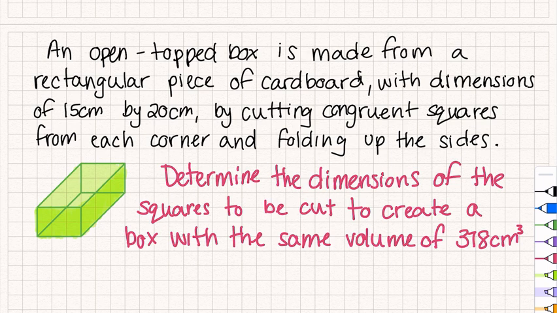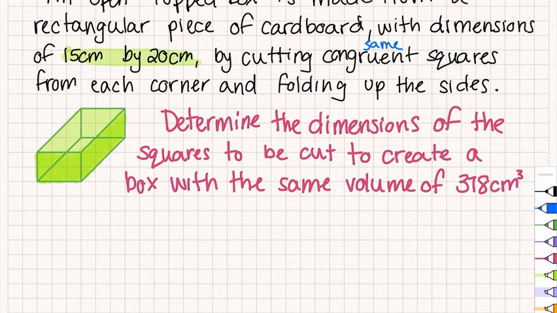It's made from a rectangular piece of cardboard. The dimensions of the piece of cardboard are 15 centimeters by 20 centimeters. And then we cut congruent, so congruent means the same, congruent squares from each corner, and then we fold up the sides. So let's just take a look at what this would look like from a 2D perspective.